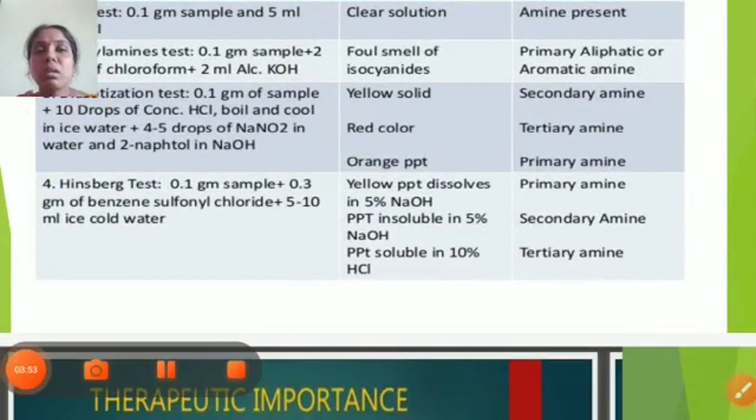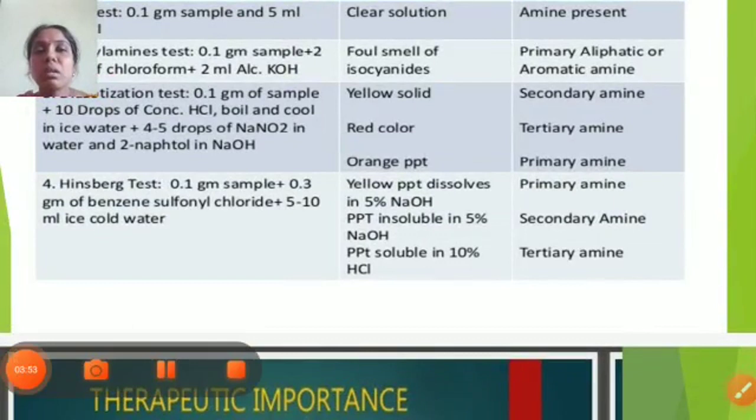Second one, the carbylamine test. Take 0.1 gram of sample in a test tube, add 2 drops of chloroform, CHCl3, and add 2 ml of alcoholic KOH. You can observe a bad or foul smell of isocyanide. This reaction indicates the presence of primary aliphatic or aromatic amines.